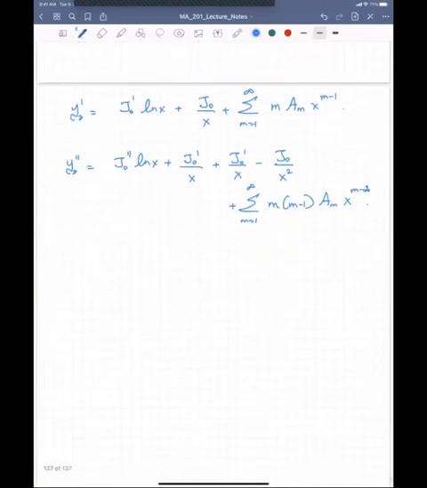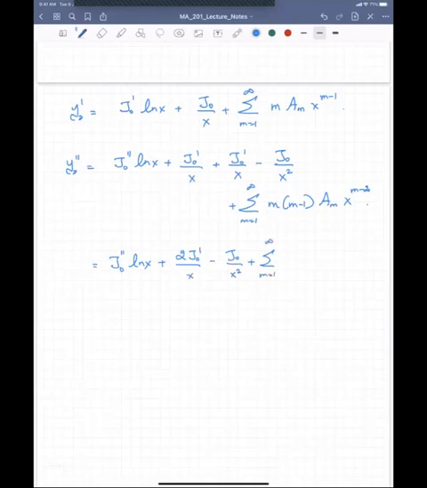Okay, so I can clean this up and write it as J0 double prime log x plus 2 J0 prime over x plus the sum of m(m minus 1) a_m x to the m minus 2.